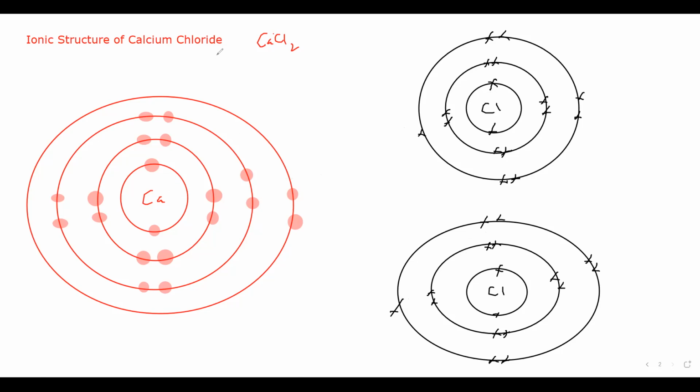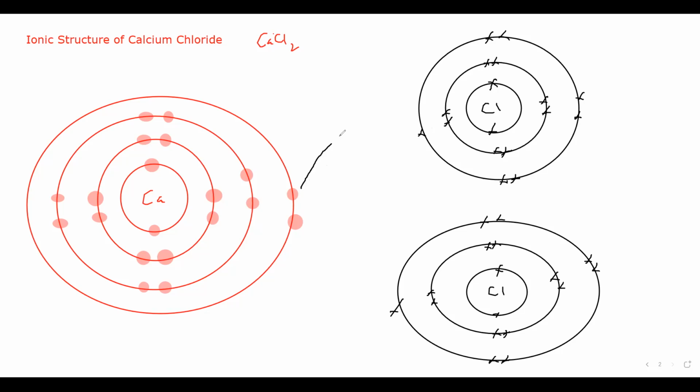So in calcium chloride, how many electrons should calcium lose? There are 2 electrons in the last shell, so it should lose 2, but it cannot give both electrons to one chlorine. The reason is that chlorine already has 7, so this chlorine only needs 1.